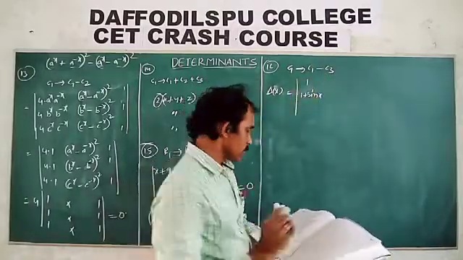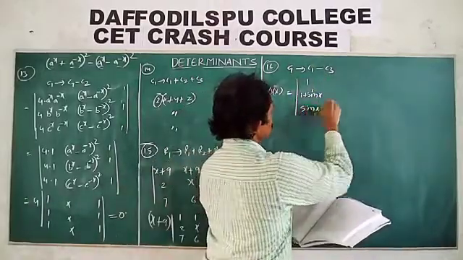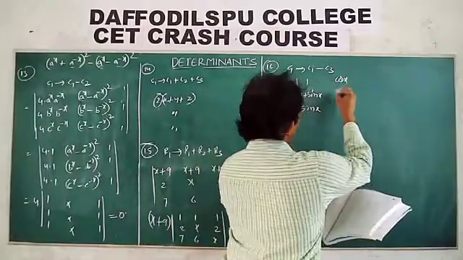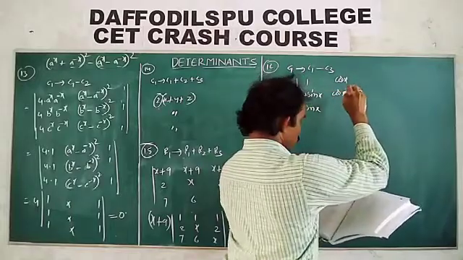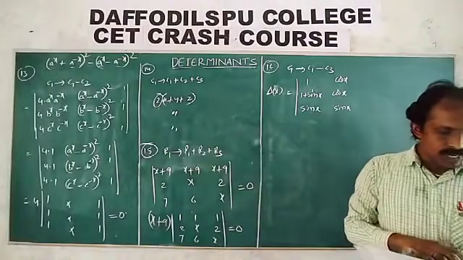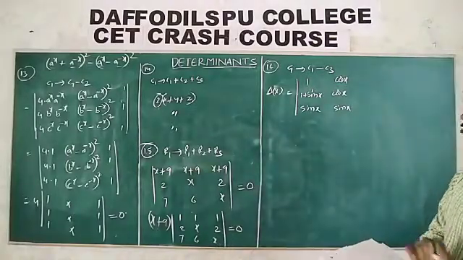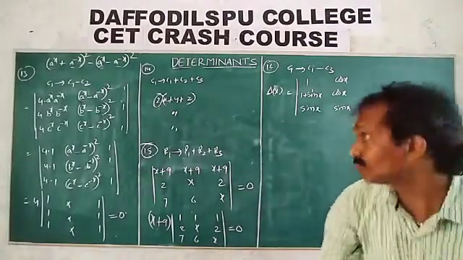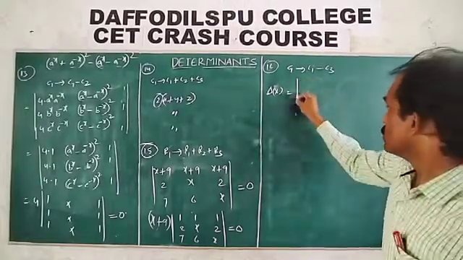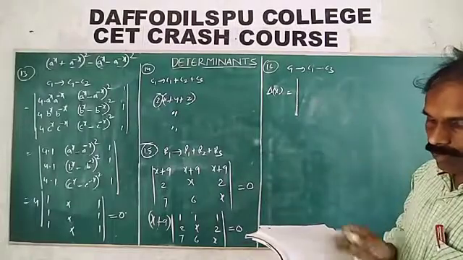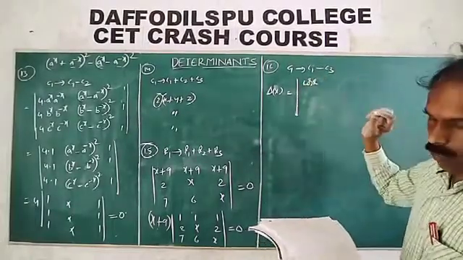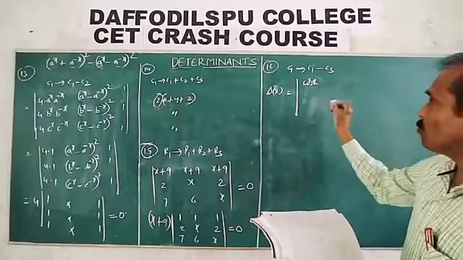The determinant has 1 plus sin x, cos x, sin x. Okay, sorry, directly C1 minus C3. So 1 minus 1 cancels, cos x here. 1 plus sin x, 1 plus sin x cancel.